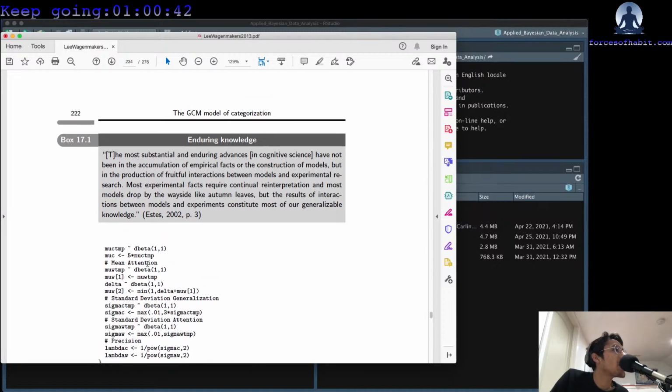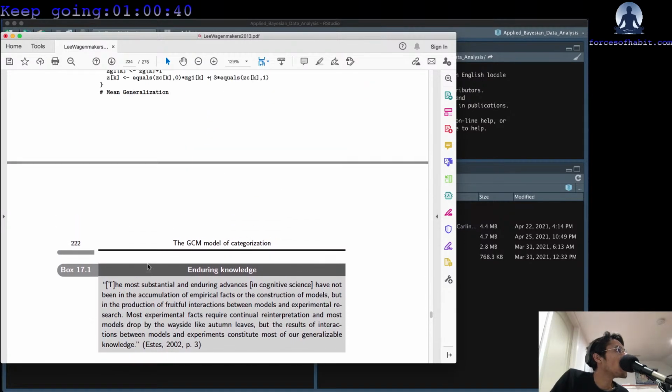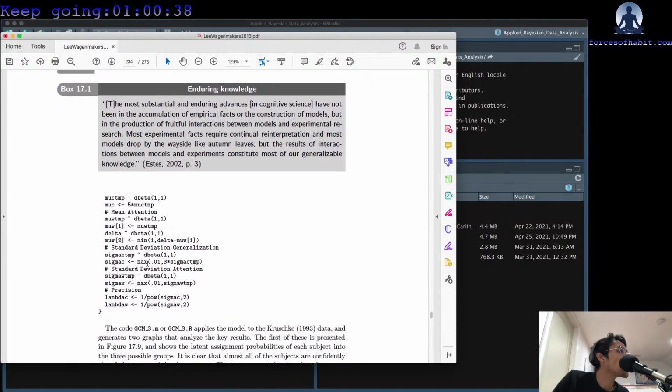Ooh, here we go. Now we have the mean generalizations, okay. Five times mu temp. Right, so we'll get a value from the beta distribution, and then we just take the distribution and we make it 5.